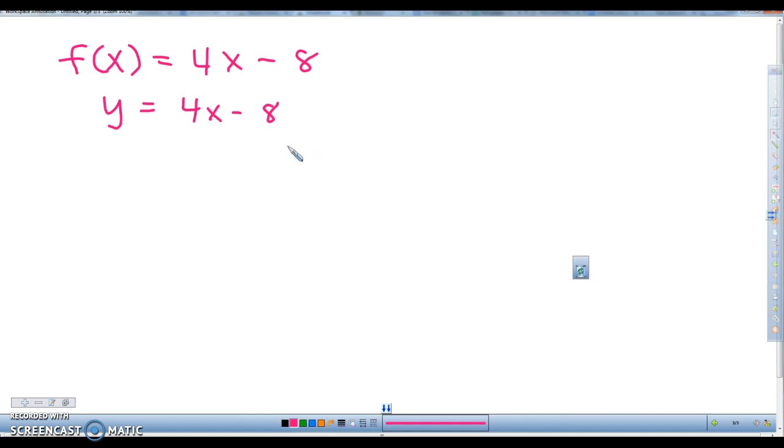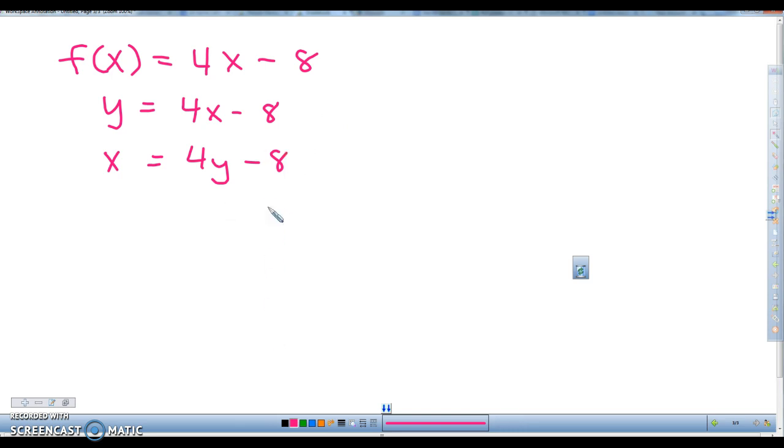And remember, inverse is all about switching the x and the y. So as my next step, I'm going to switch the x and the y. But this is not how we usually write equations. And in fact, if I plug f of x back in for y like that, it's not going to make a lot of sense. So I need to solve for y.